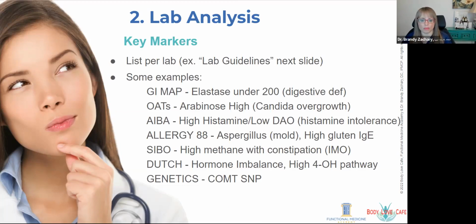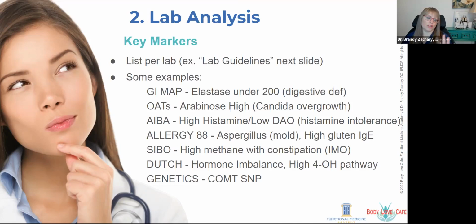So this is not comprehensive at all, but I just want to give you some examples. On GI map, if you see elastase under 200, that's an enzyme produced by the pancreas, and that is a deficient level to be produced. Oats, arabinose being high is a key marker for potential candida overgrowth.